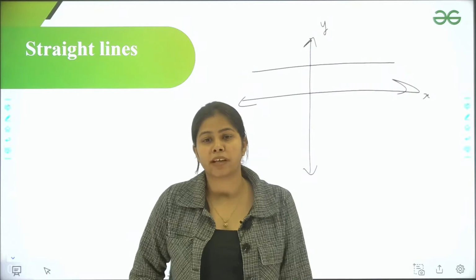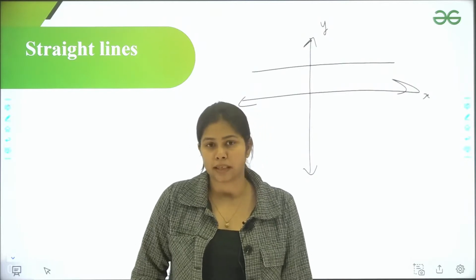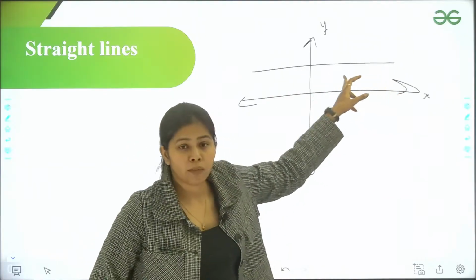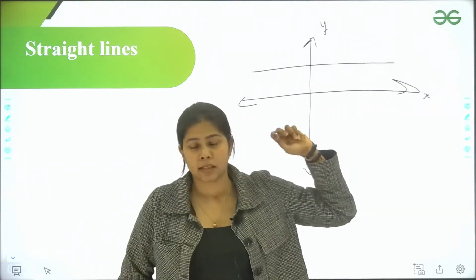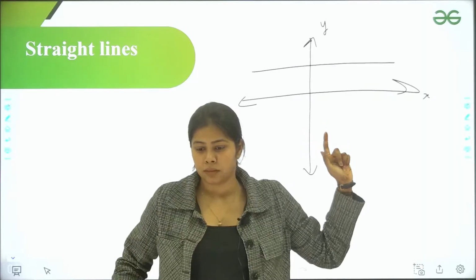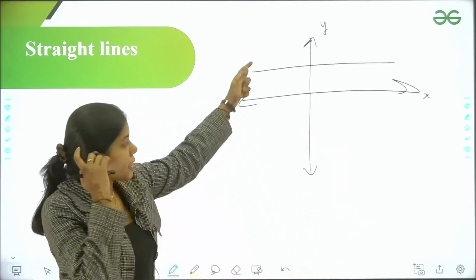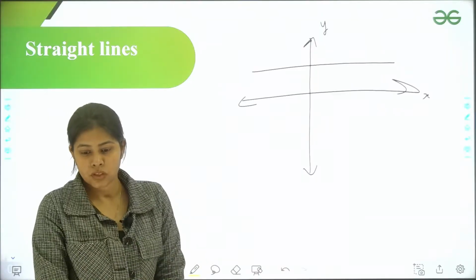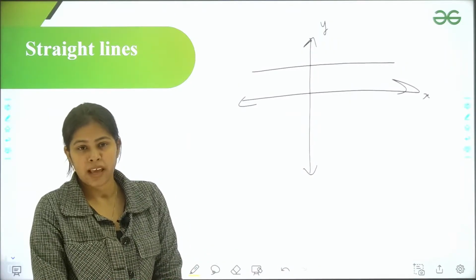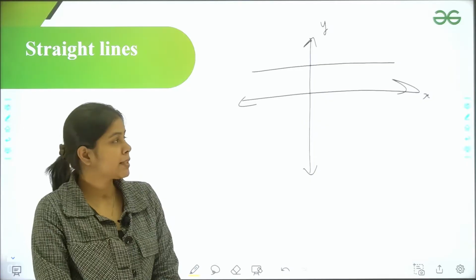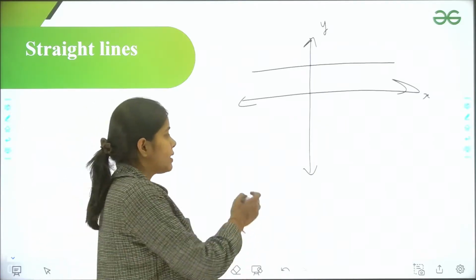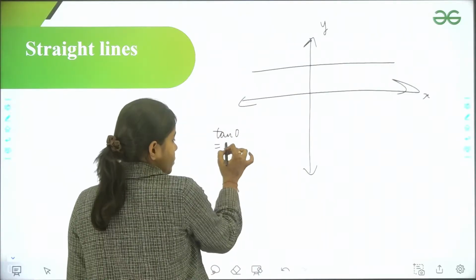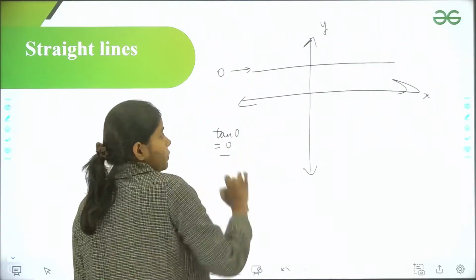What would be the angle made with the x-axis by this line? Just tell me. The angle is 0, right? It is making a 0 angle. So I can say that the slope of the line would be tan 0, that is 0. So the slope of this line is 0, right?